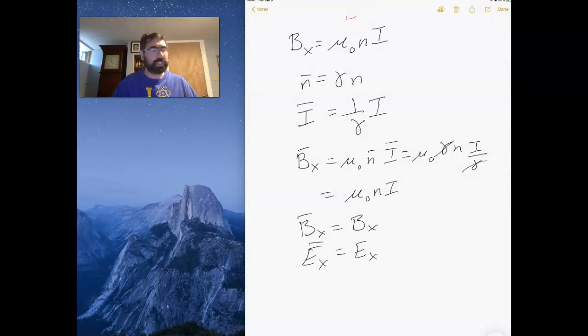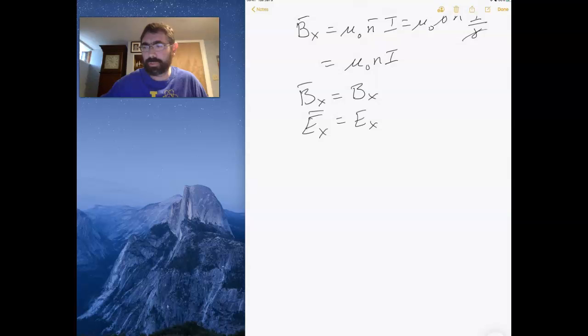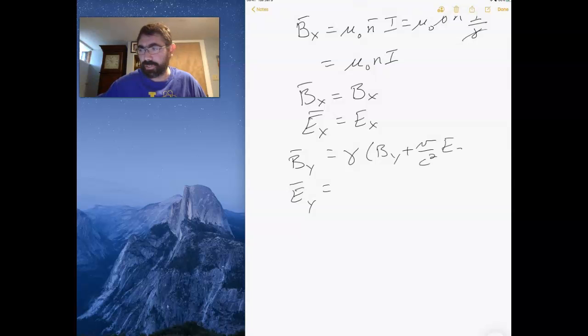So fields in the direction of motion remain unchanged. Now if we summarize this, we can write down the y components. So we would have gamma By plus v over c squared Ez, and gamma Ey minus v times Bz.